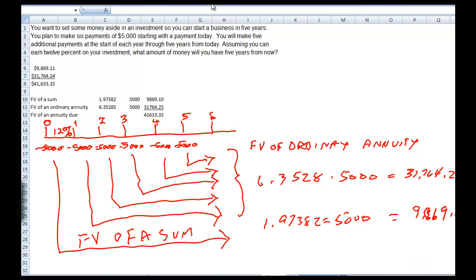So let me get a different color. Choose a blue. That's this factor here. We use the future value of annuity factor. Okay, so that's it. We'll see you in the next slide.